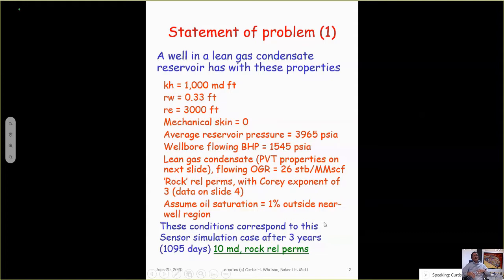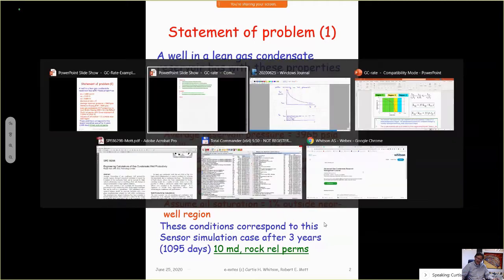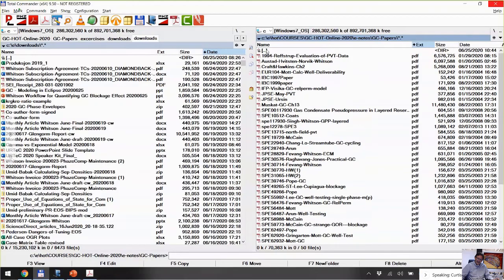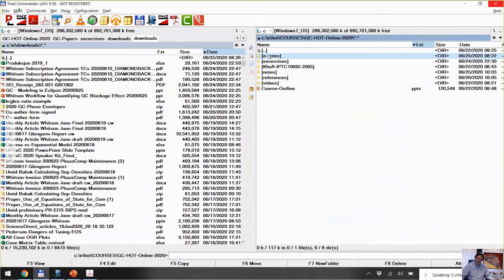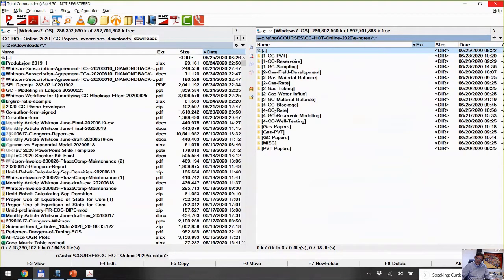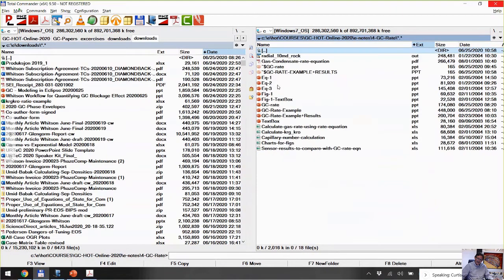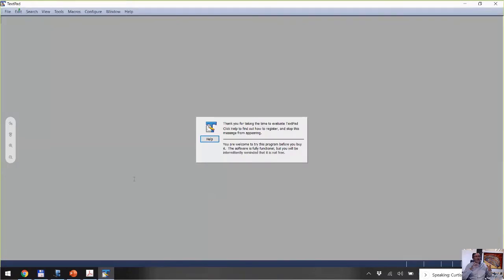And what you can do is reproduce all these calculations in Excel that he's doing. The output file is actually in this E node here. Go to the E node, gas condensate rate, and you see this output file. That's all you need. It's a sensor output file.